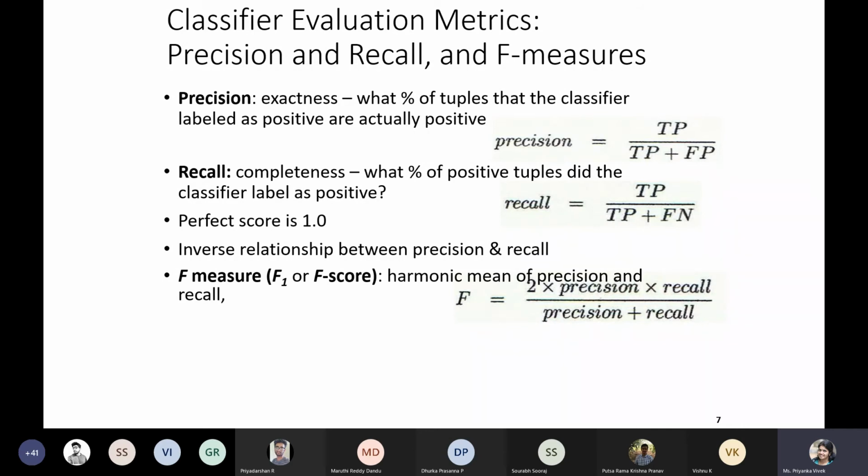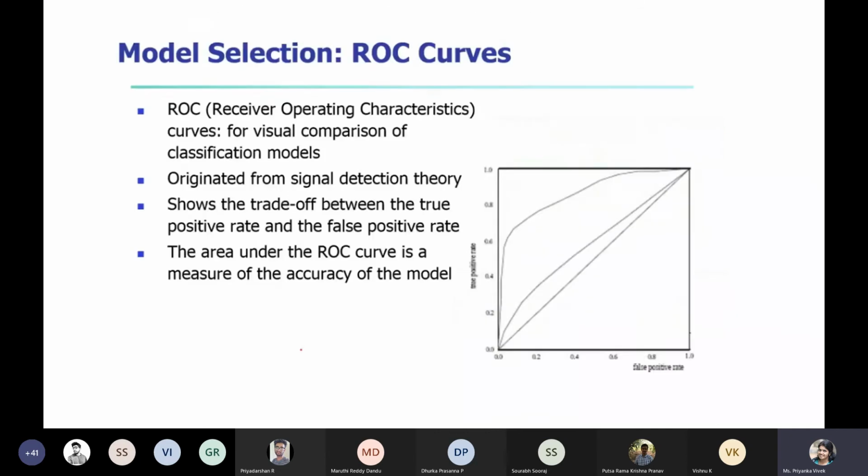These are other metrics because accuracy alone would not help us in all cases. There is also something called the ROC curve, which I think you would have seen here and there. If we plot the ROC curve, it is the false positive rate versus the true positive rate.